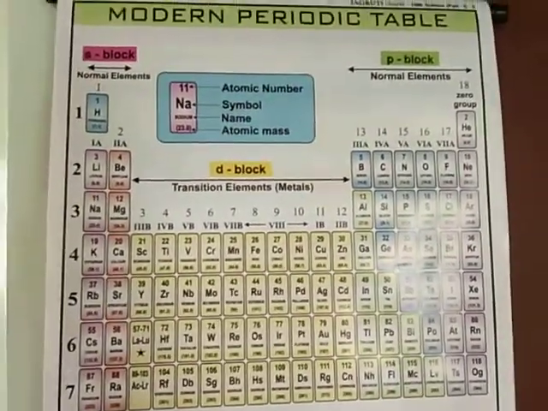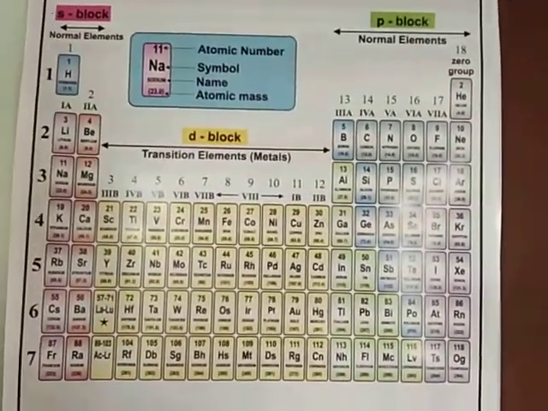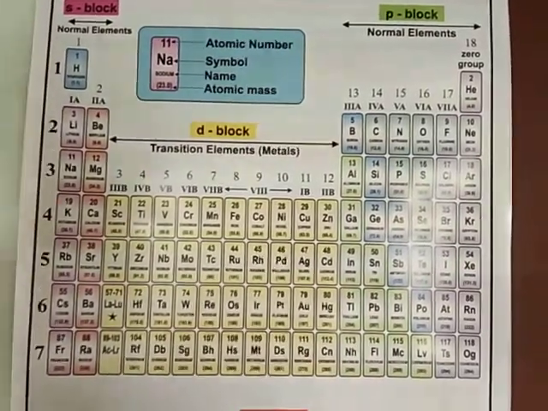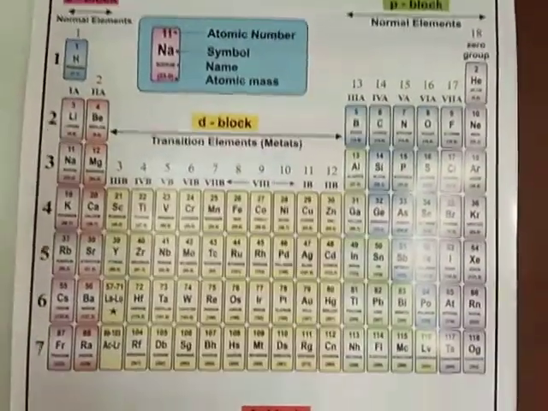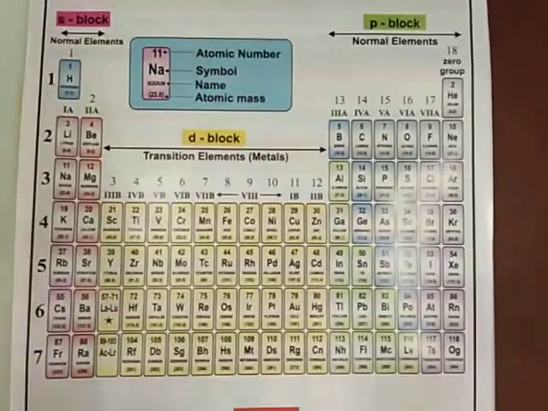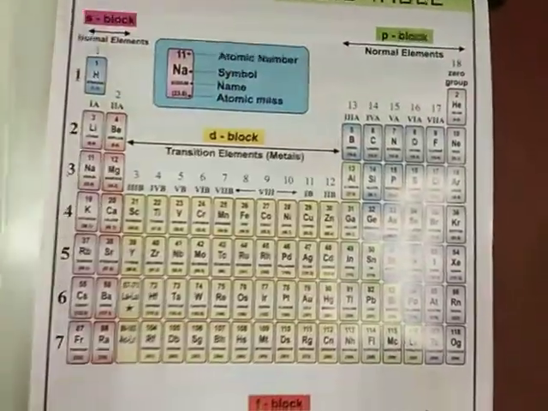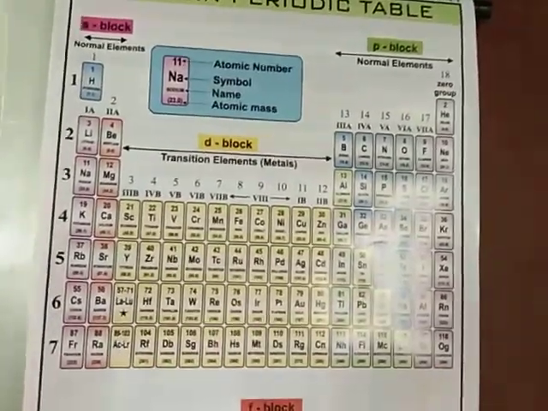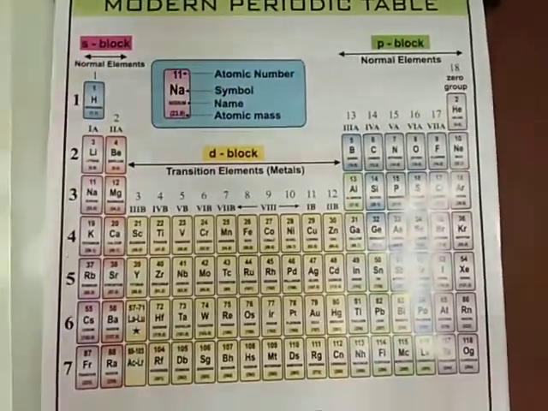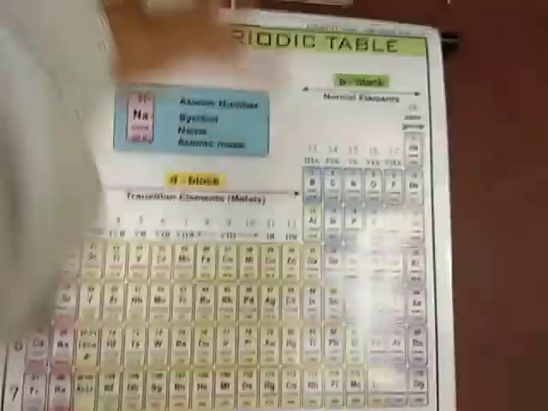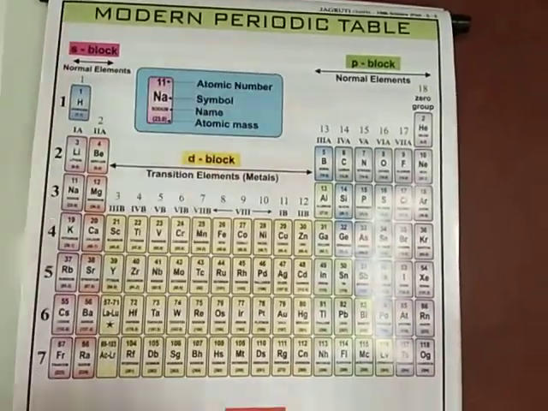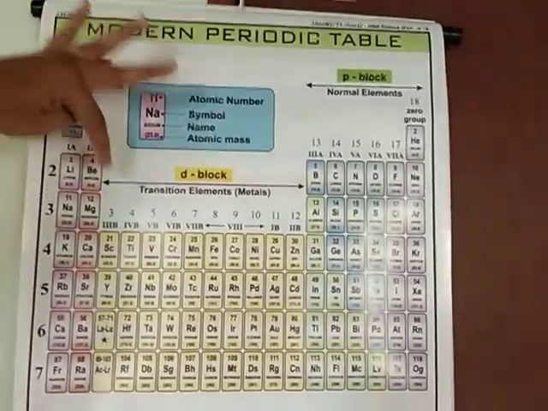That means in these elements there are 7 periods and 18 groups, horizontal lines and vertical lines. 7 horizontal lines are called 7 periods, and 18 groups.